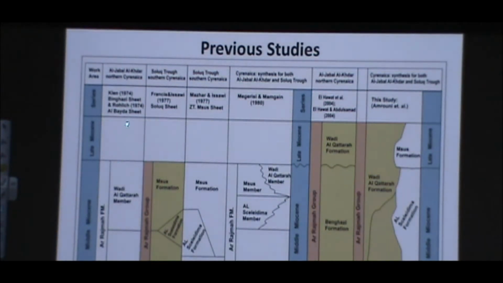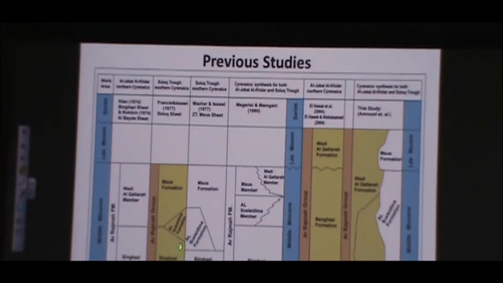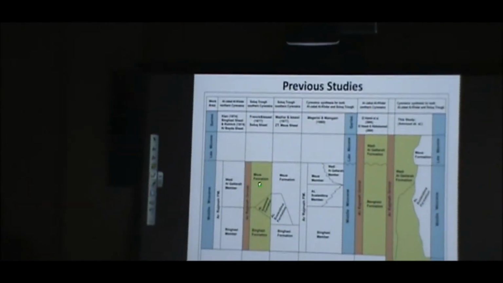So they started here in the Jebel Akhdar in 1974, and the Miocene, they call it Rajma formation, but there are other people who worked in the Sulug Trough, which is in the south, and they call it Rajma group, and they found there are 3 formations in this group. Benghazi formation, Shledima formation, and Musus formation. But here they call them just members, Benghazi member and Wadi Qatar member. 2 different groups mapped 2 areas.